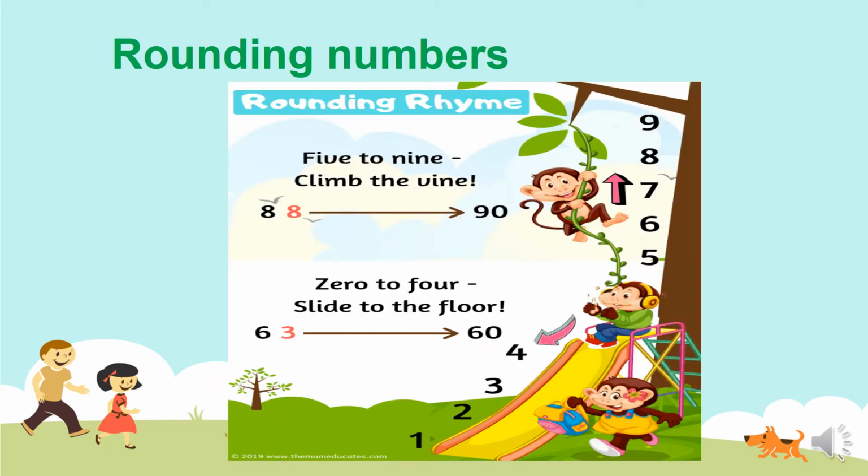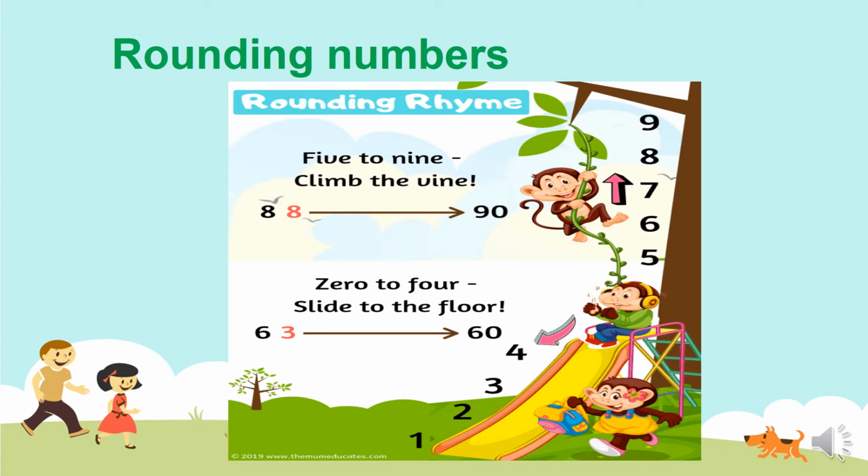Now we are moving to our second topic, it's rounding numbers. Look at the number given. What do we get when we round this number to the nearest 10? When we round a number to the nearest 10, we look at the digit in the ones place.